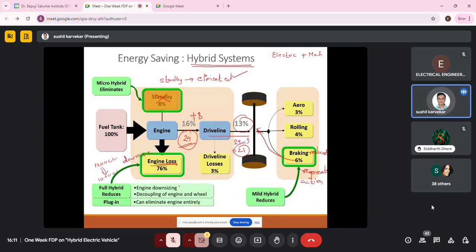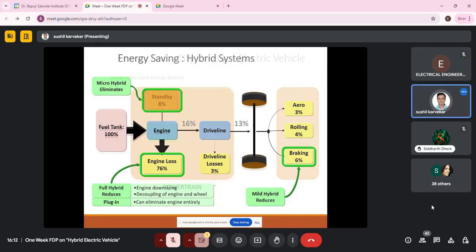So the vehicle would be downsized, and the losses would also be reduced proportionately. If you are using plug-in electric vehicles, then this engine loss will also be eliminated, so the standby loss as well as the engine loss is eliminated.